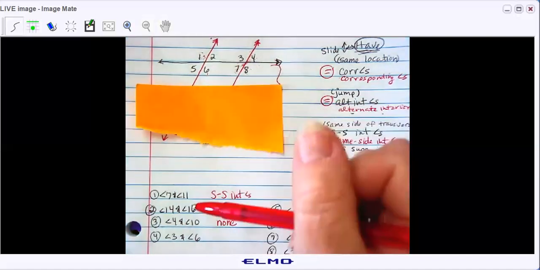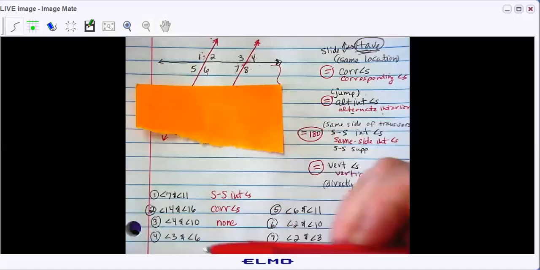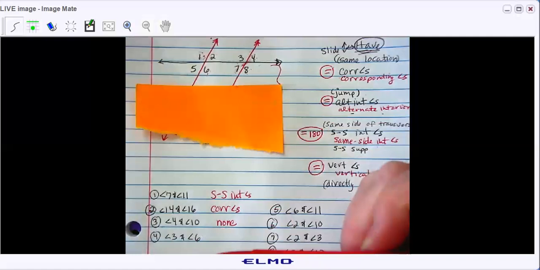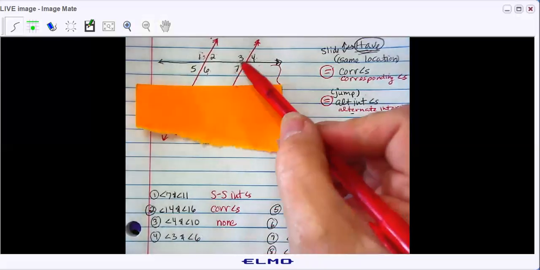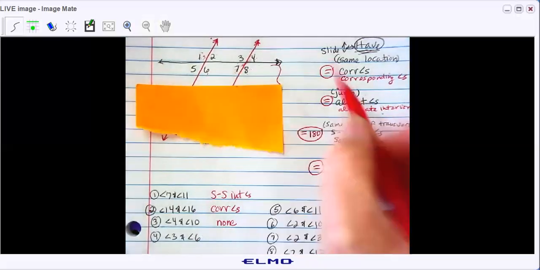From 3 to 6, does it jump over the black line or is it on the same side? It jumps over. It does jump over, okay? So it goes from 3 to 6, it jumps over the black line. So the jump is an alternate interior.